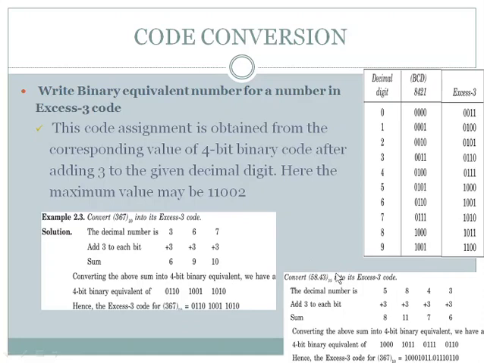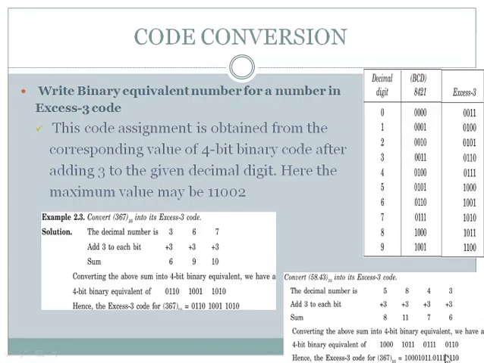Similarly, we'll see one more example where we have to convert 58.43 into its XS3 code. We do the same thing: we identify the decimal digits in this number. They are 5, 8 and 4, 3, and for each decimal digit you add 3. So 5 plus 3 is 8, 8 plus 3 is 11, 4 plus 3 is 7, 3 plus 3 is 6, and you replace 8, 11, 7 and 6 with their 4-bit binary equivalents.